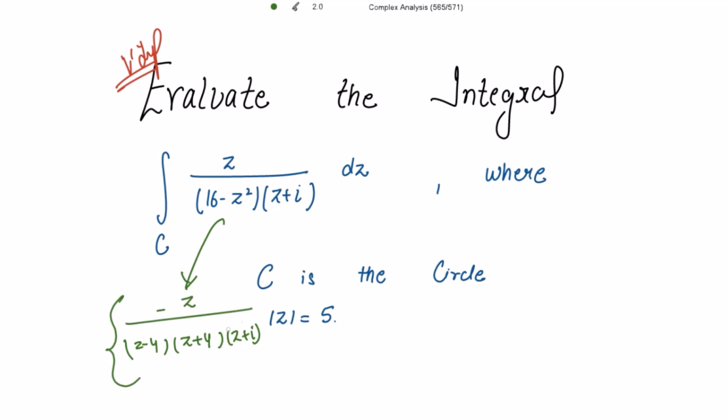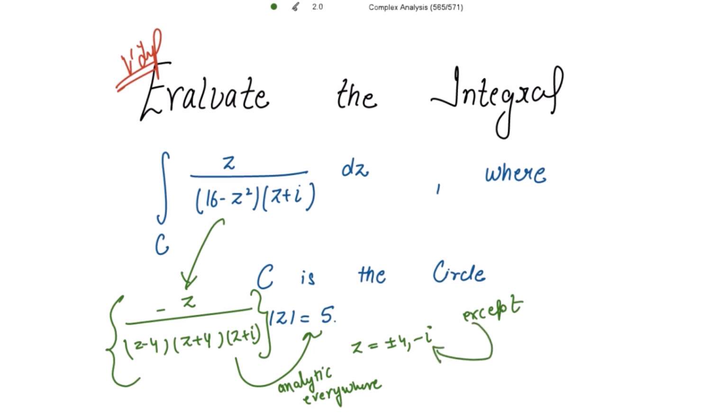Now this integrand is analytic, that is differentiable everywhere inside this circle, except at the points z = ±4 and −i, because at these points the integrand is not defined. And most important, we need to decide what to take as our f(z).